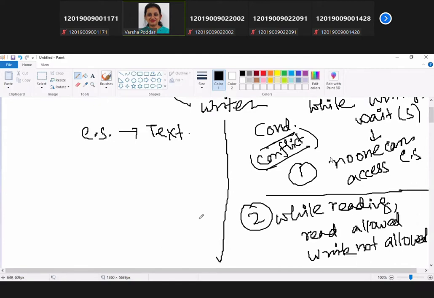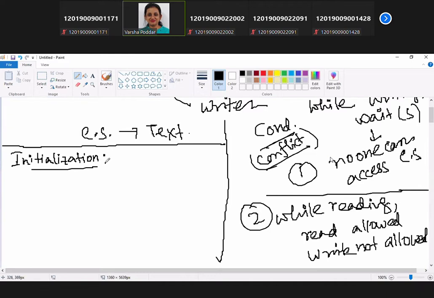This was our condition. This is our reader-writer section. Now first is initialization. So what things will we initialize? Suppose the semaphore is WRT.